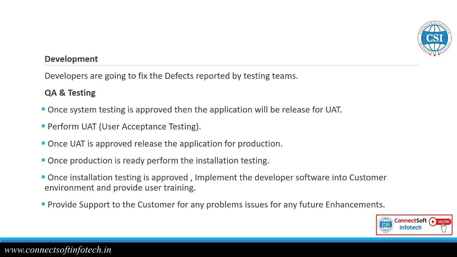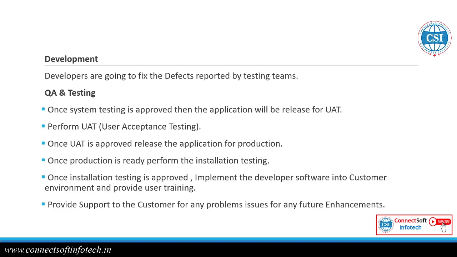Then the dev team is involved for the development activities and the QA team for the QA activities. The development team, the solution architect, creates the architecture design, database design, activity diagram, UI design and everything, and then does the coding and unit testing.